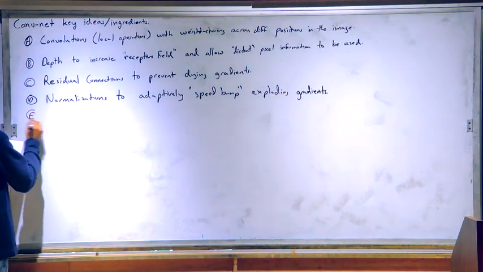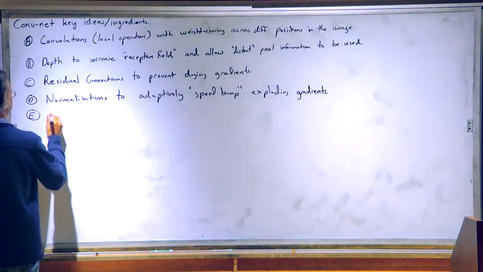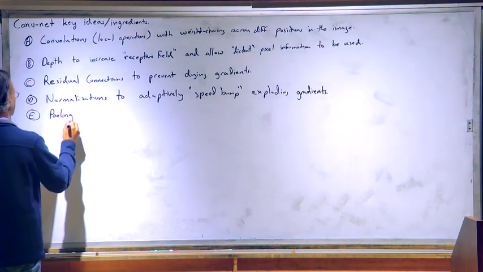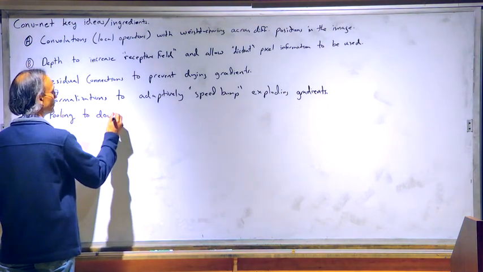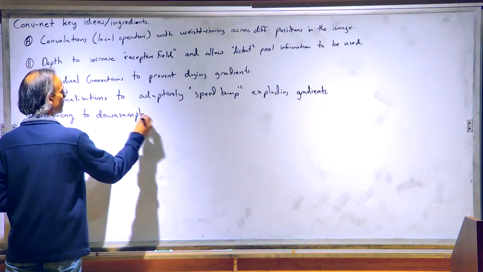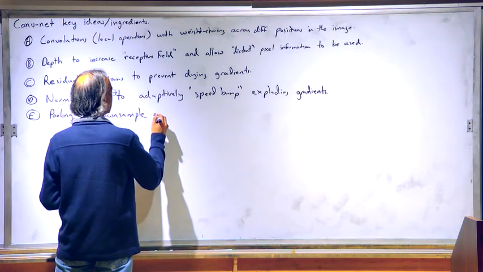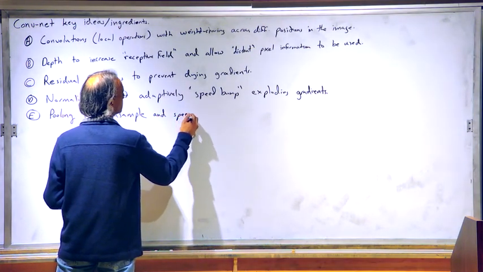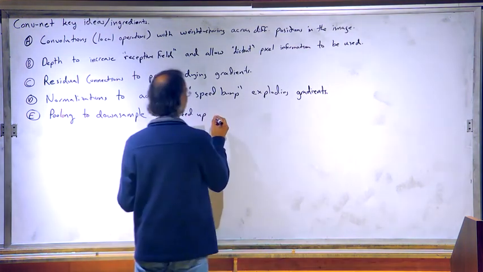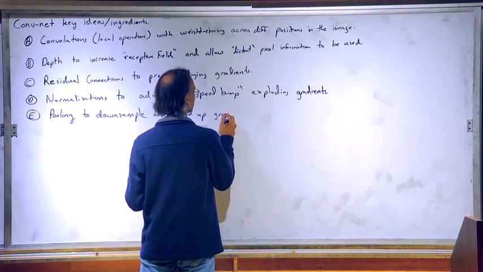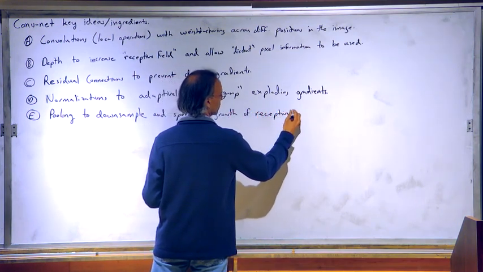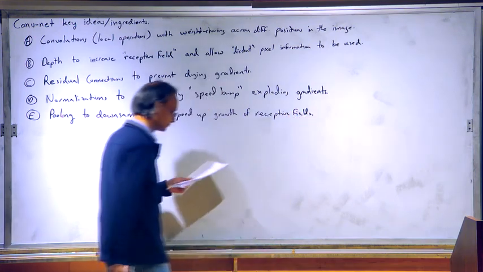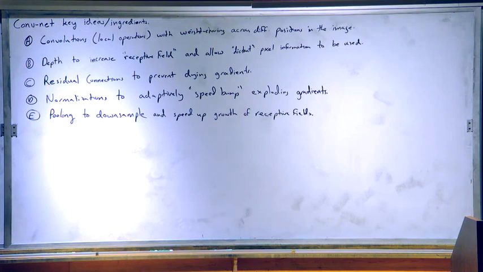And we have the idea of pooling to downsample and speed up growth of the receptive field. Pooling also had this attribute, which you saw, of routing the gradients.